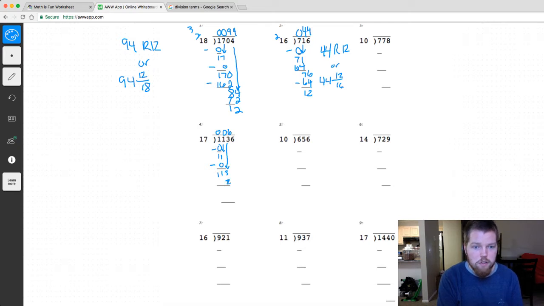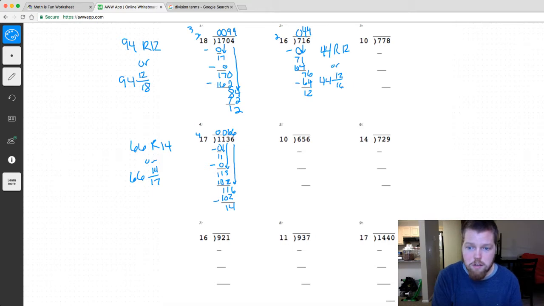Carry the 4. 6 times 1 is 6, plus 4 is 10. And that's 11. 11 is less than 17, so that's good. 116. We'll go with 6 again, which is going to be 102 again, and leave us with a remainder of 14. So our answer is 66 remainder 14, or 66 and 14/17.